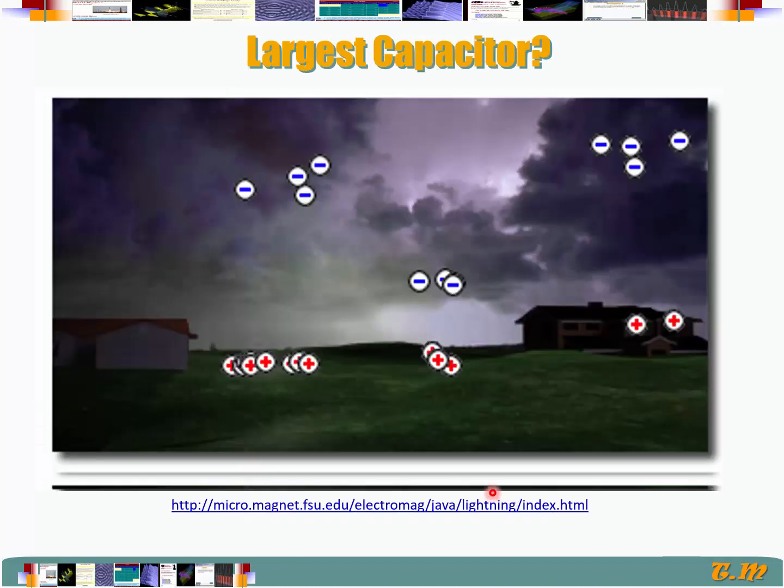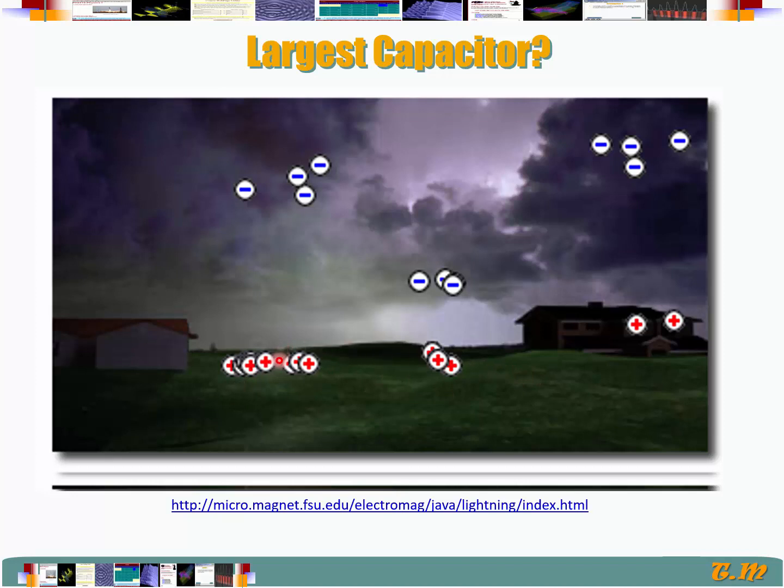Now, another parallel plate capacitor is formed whenever we have a storm. What happens whenever we have a storm, negative electrical charges are going to accumulate at the bottom of the clouds. These negative charges are going to repel the negative charges at the surface of the Earth.